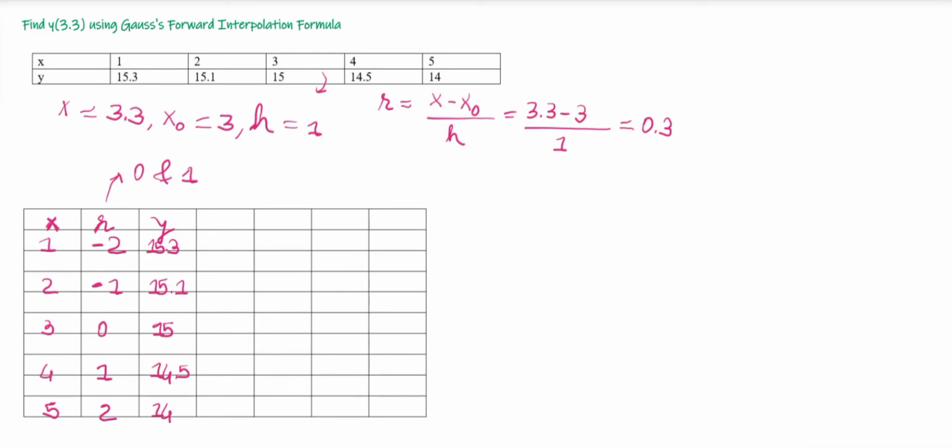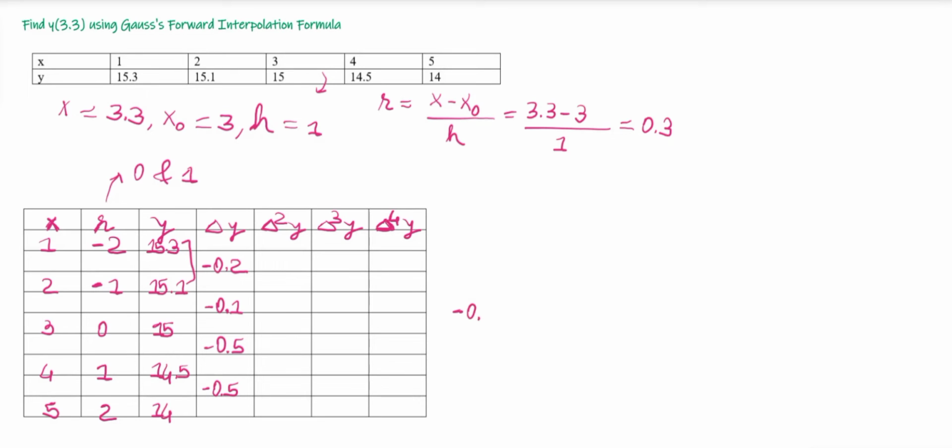Then the y values are the same, as given in the question. This will be delta y, then delta square y, delta cube y, and delta raised to 4 y. Now the difference taking is the same, that is 15.1 minus 15.3, which will be minus 0.2, then 15 minus 15.1, which is minus 0.1, then 14.5 minus 15, minus 0.5, 14 minus 14.5, minus 0.5.